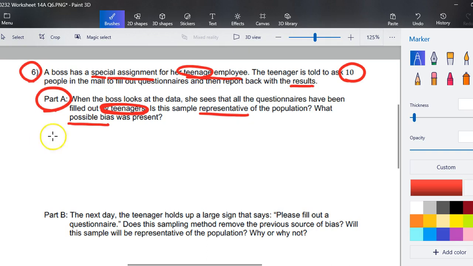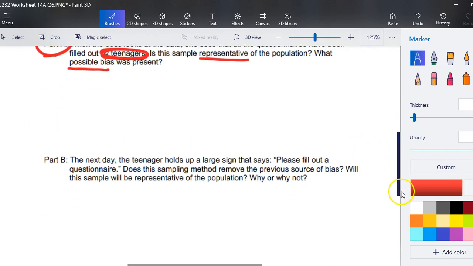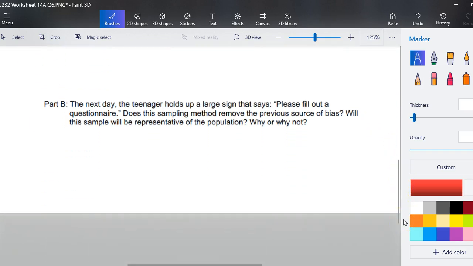However, part B. The next day, the teenager holds up a large sign that says, "Please fill out a questionnaire." Does this sampling method remove, got to be careful with that word, the previous source of bias? So not remove it totally, but remove what was going on previously. And will this sample be representative of the population?